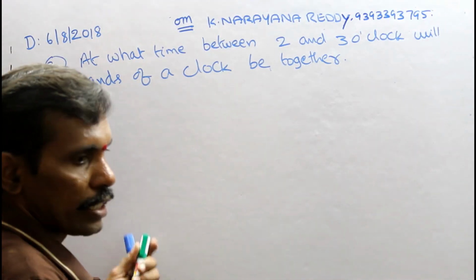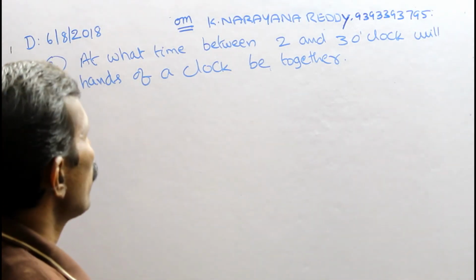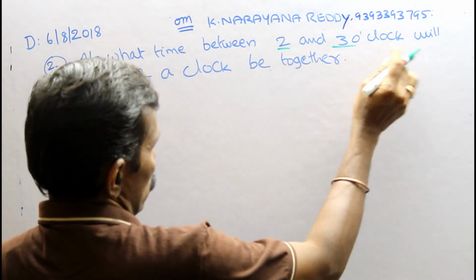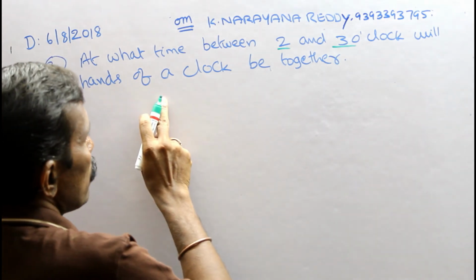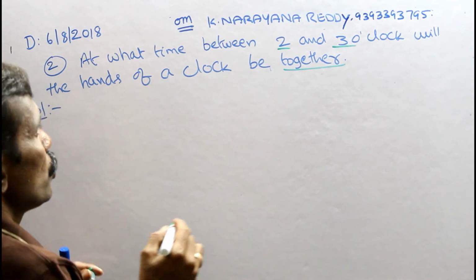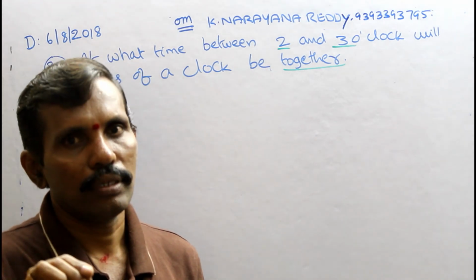Okay. See the next problem. At what time between 2 and 3 o'clock will the hands of the clock be together? So the hour hand and minute hand will be together at what time? At what space?